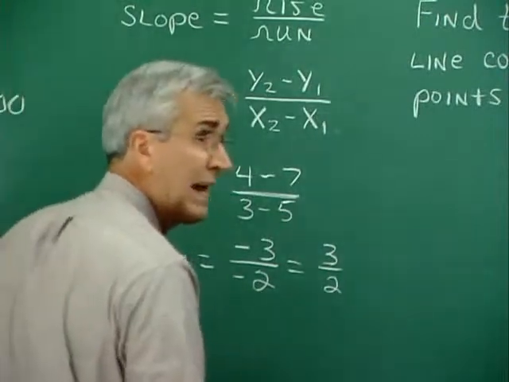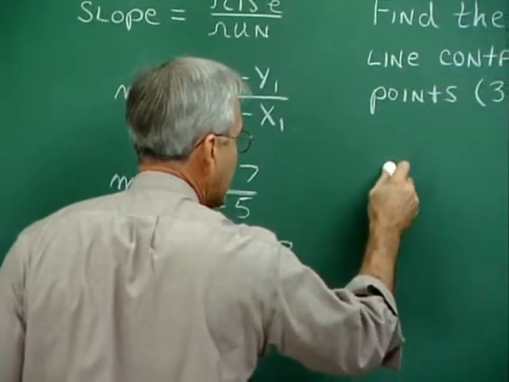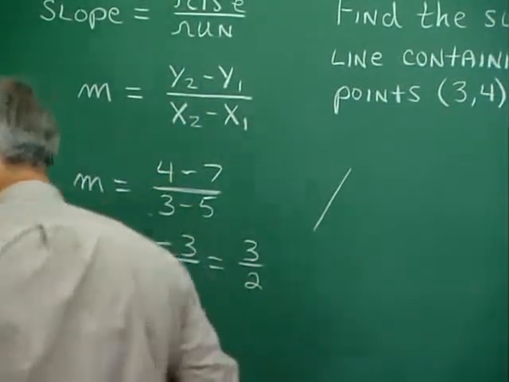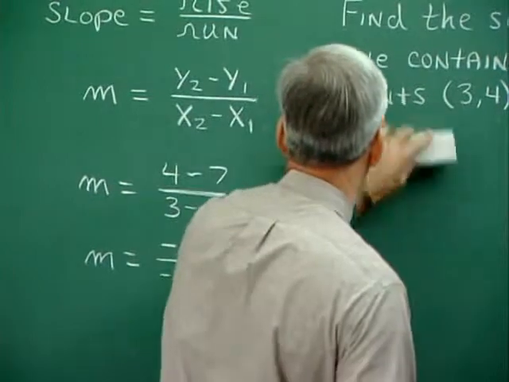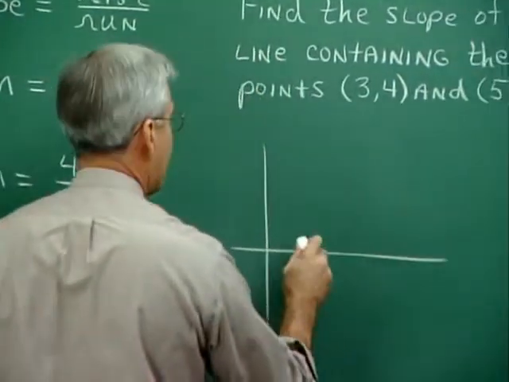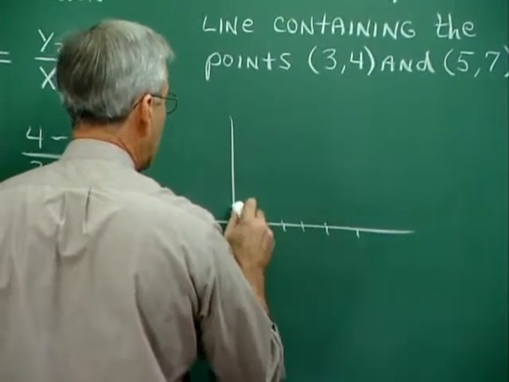We would expect that line to be like this going through the coordinate plane. We can verify that by looking at it on the graph. Let me make a quick sketch here. And we have 3, 4.